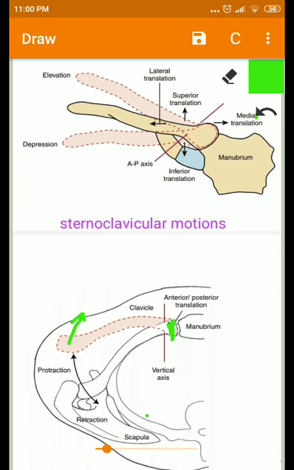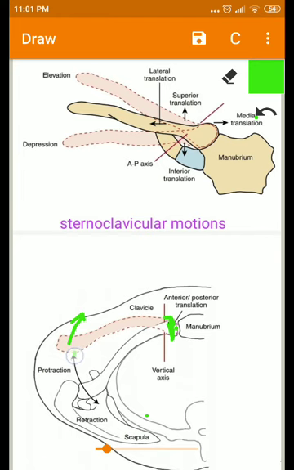During protraction, what is happening? There is an anterior translation at the medial end along with the anterior motion of the lateral end of the clavicle.